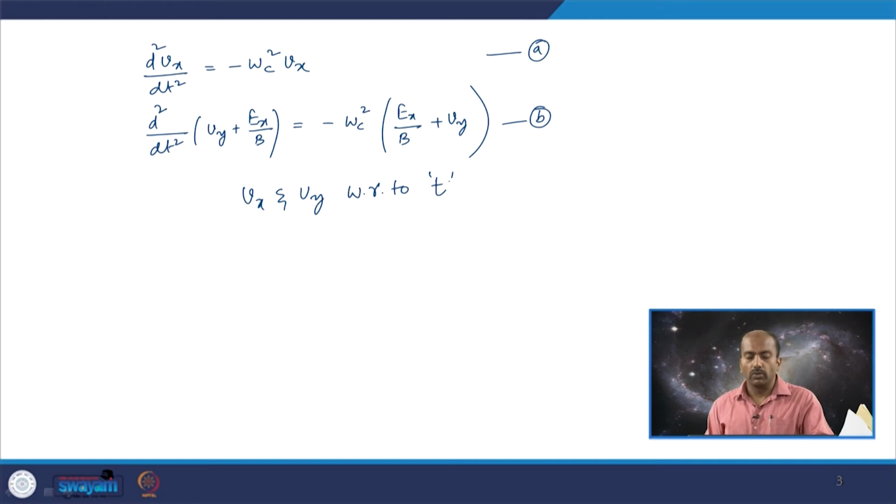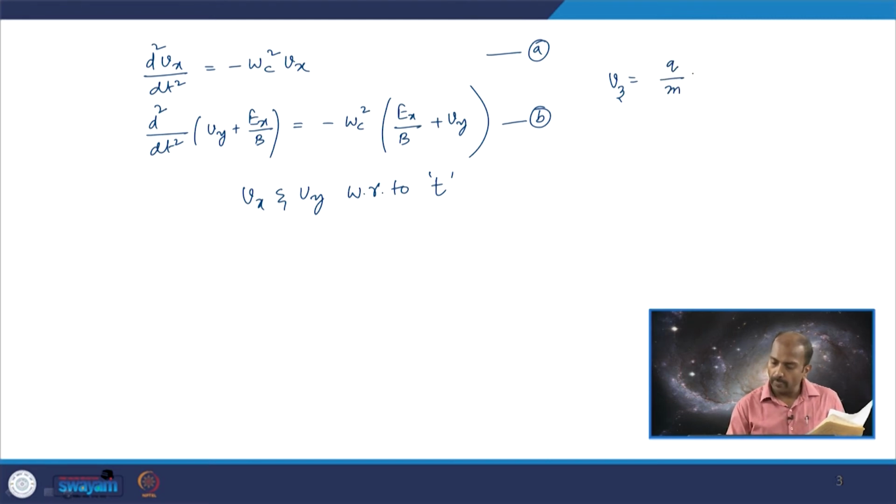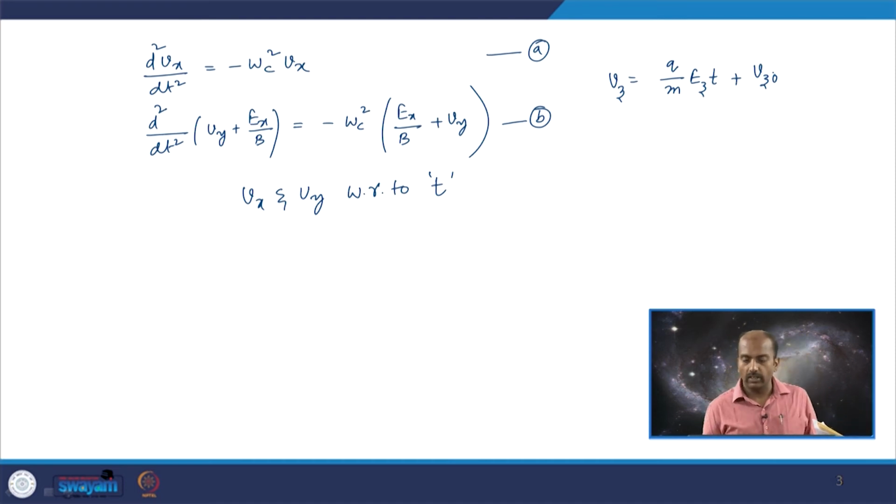What is particular about this is that Vx and Vy will tell you how the velocity behaves. So what happened to Vz? In combination with these two, we also have Vz. Vz is omega c q by m Ez times t plus Vz naught. So this is a solution itself. Let us call this equation C for reference.